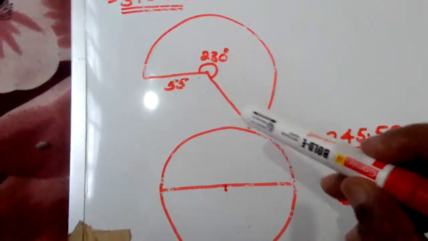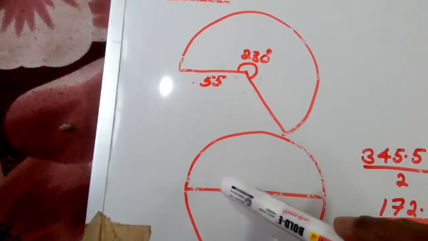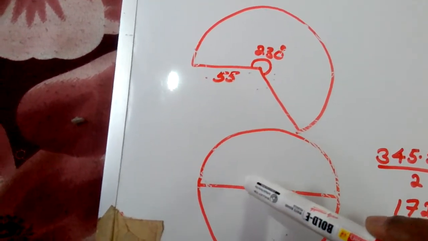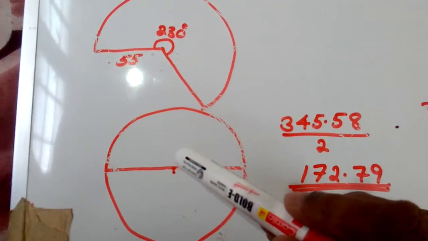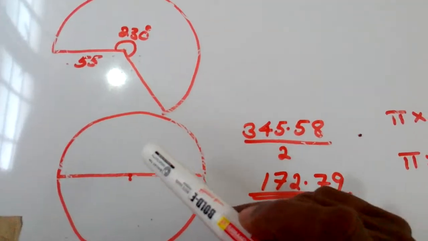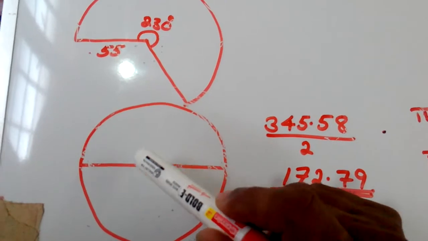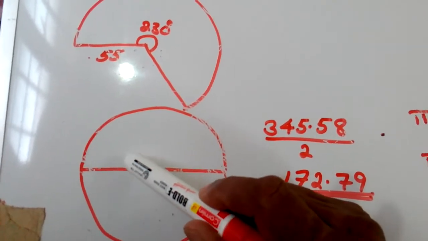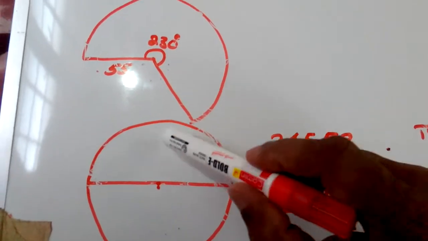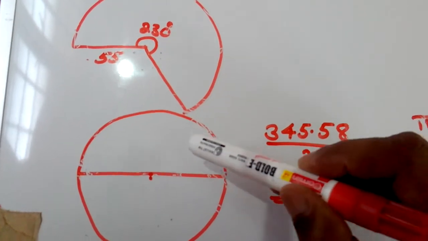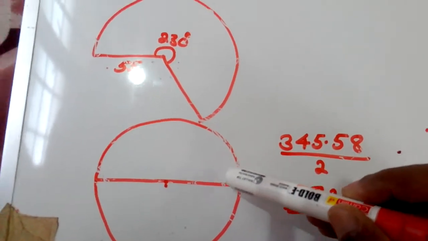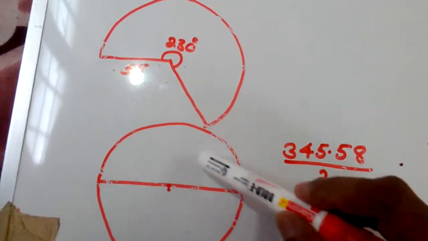But why do we use 180? Because it really lies here. Because one full round is 360 degrees. 1 degree is here, 2, 3, 4, 5, 6, like that, 90, 100, 110, 120, up to 180 degrees are here.